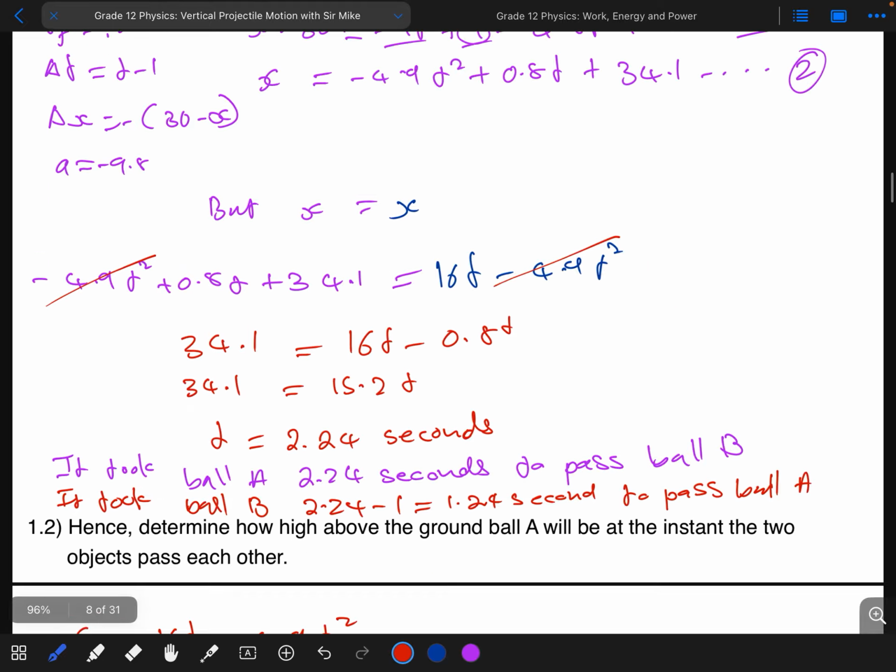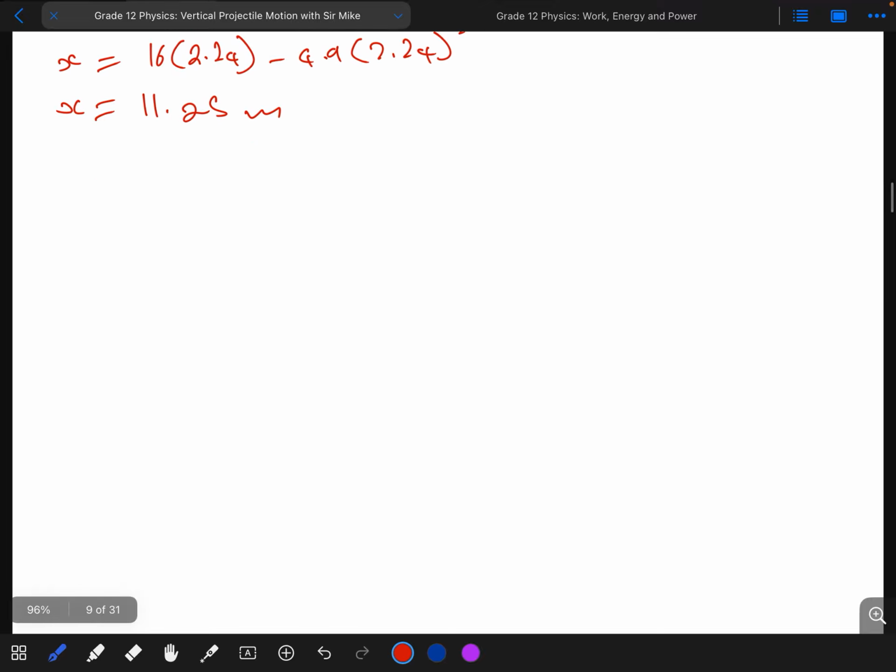Now let me draw a velocity versus time graph for these objects, from when they started to when they passed each other. The velocity versus time graph always forms a straight line, but let me draw it so that you see the type of graph you are going to have.